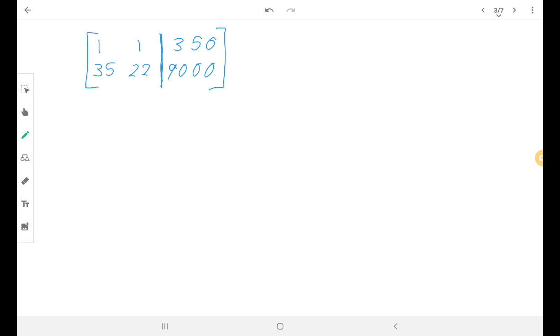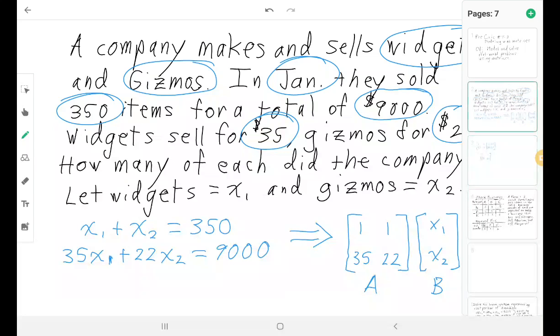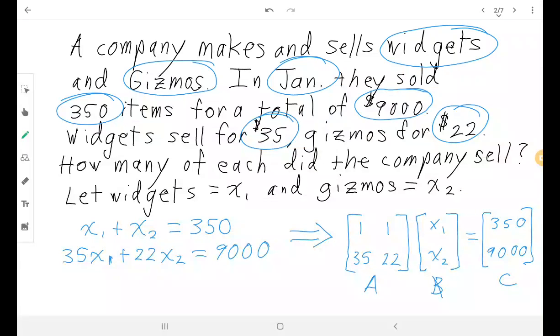But the one that we're going to worry about is matrix A, and that matrix C or that matrix B, depending on how you write it. Sometimes, in fact a lot of times, instead of this being B, this one is matrix X, and this one is matrix B. So just something to take note of. A lot of times they're written that way.